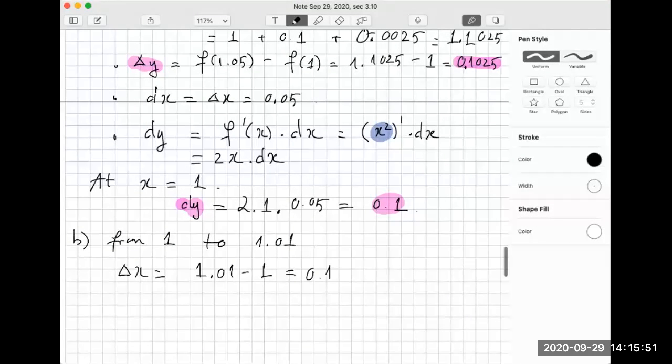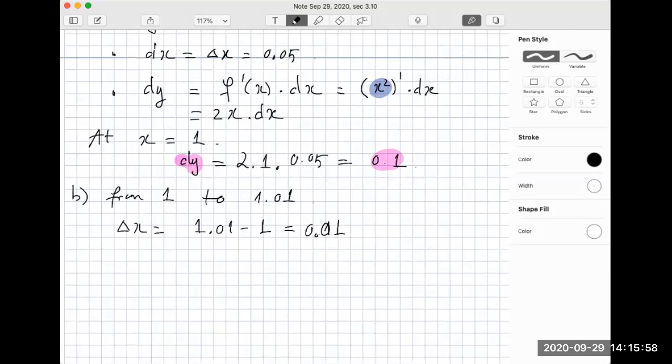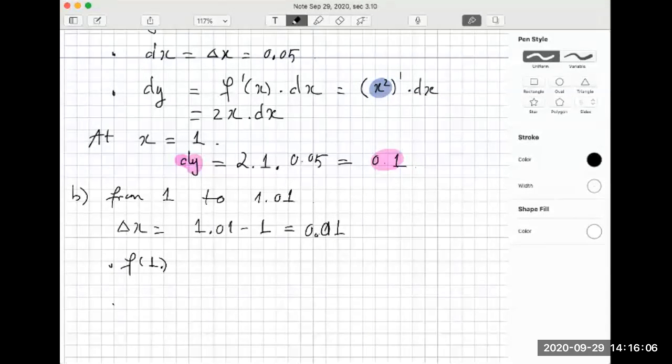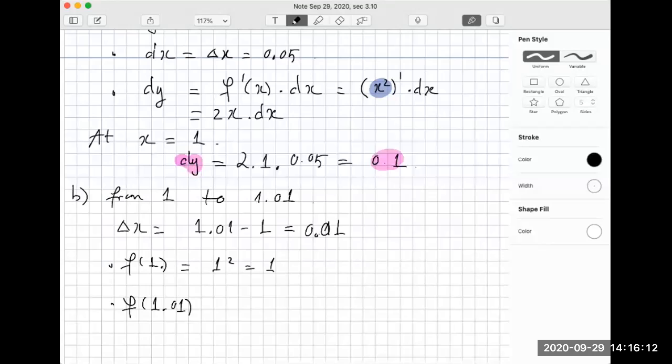Yes. And in order to compute delta y, we need to evaluate the value at 1 and the value at 1.01, right? At 1, it is 1 squared, which is 1, easy.